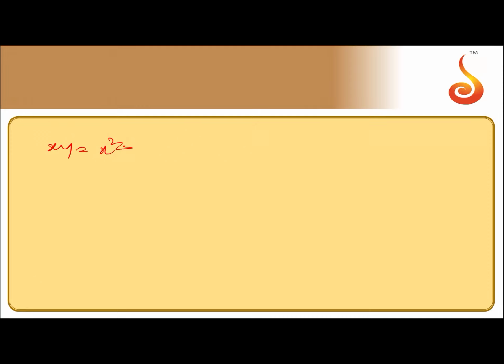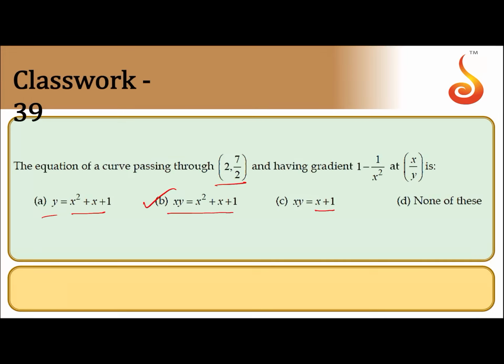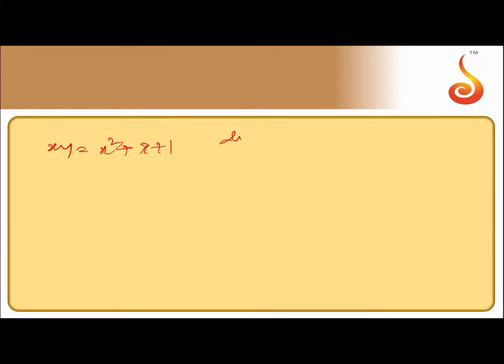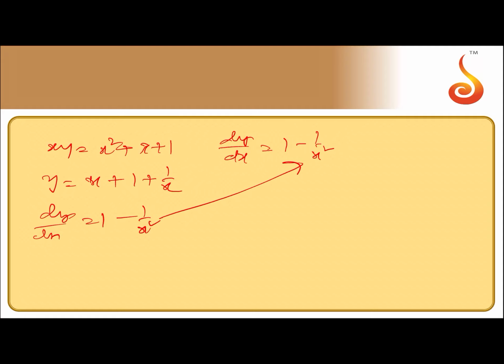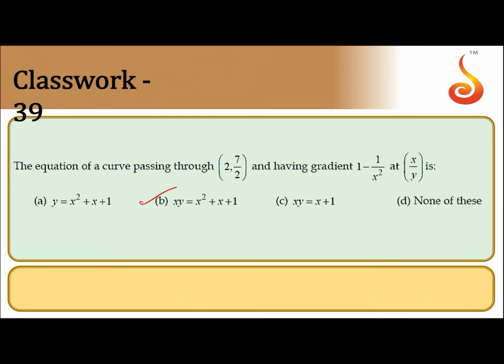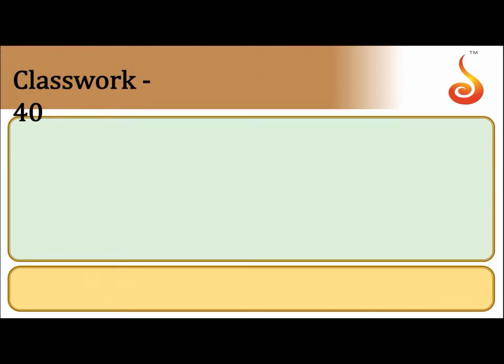You have xy is equals to x square plus x plus 1. And the gradient dy by dx is equals to 1 minus 1 by x square. Why don't you find the derivative here? y is equals to x plus 1 plus 1 by x, dy by dx is equals to 1 minus 1 by x square, exactly satisfying. So the answer, by verifying, we can check the answer is equals to B.